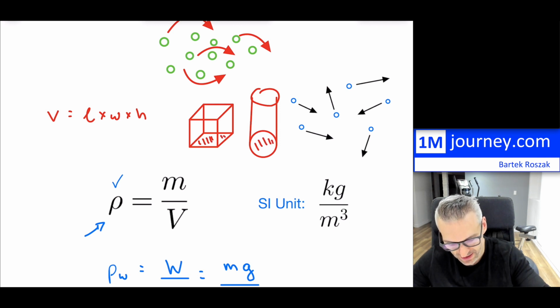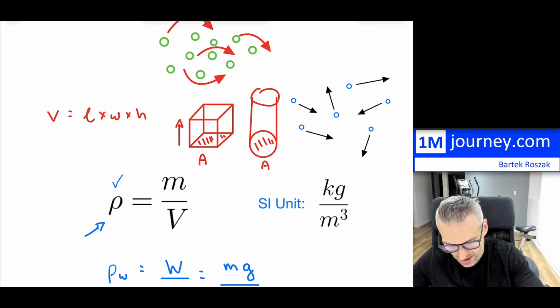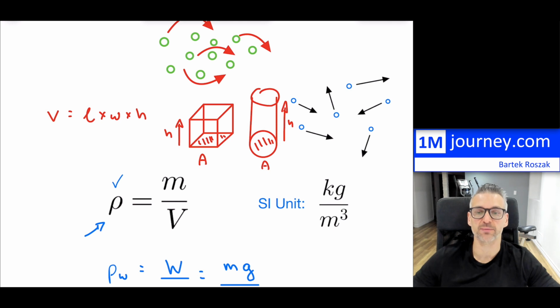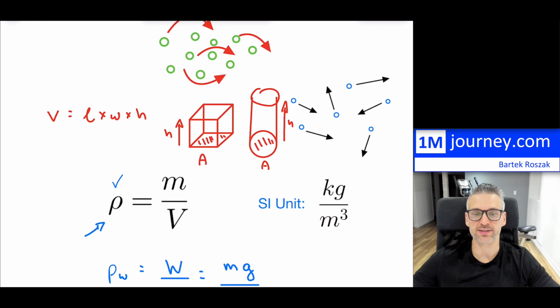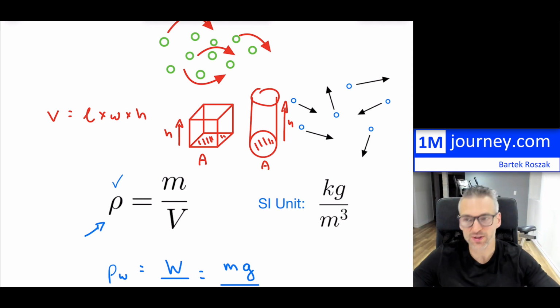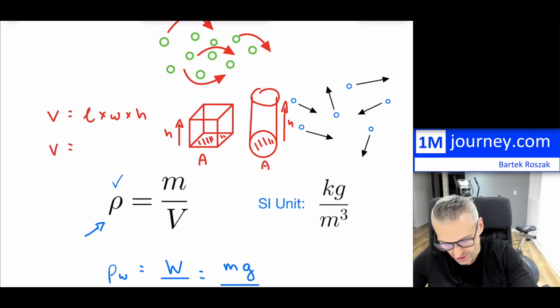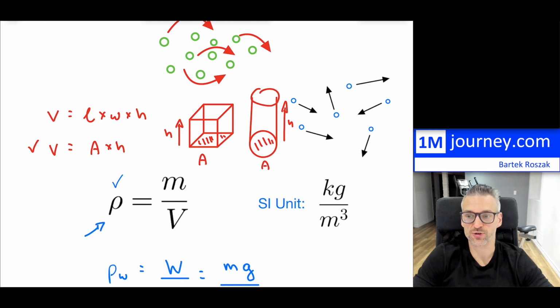Let's call that area just A. And then it's simply multiplied by the height of whatever that is. So whatever shape you have at the bottom, as long as you know what the cross-sectional area is, you can just multiply it by height, and then you'll know how much space it occupies. So in general, you're going to have the cross-section area multiplied by height. That's something that you should know and run into yourself.